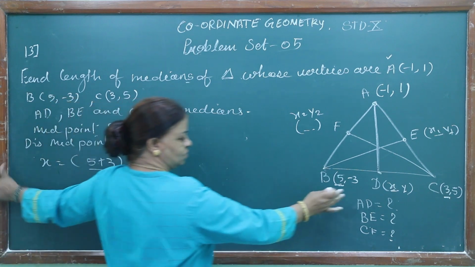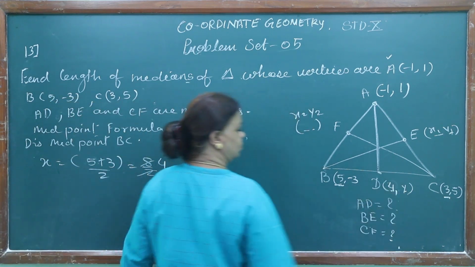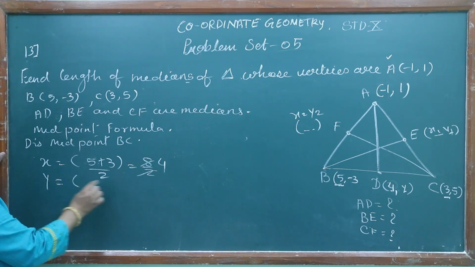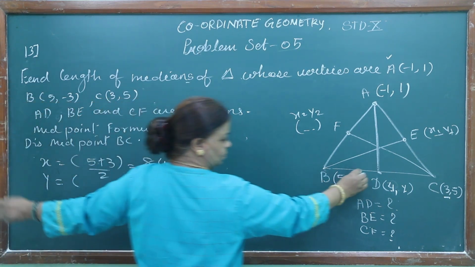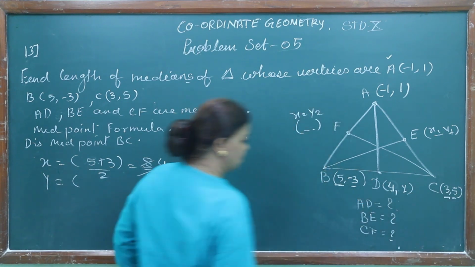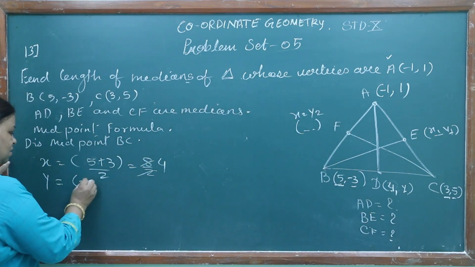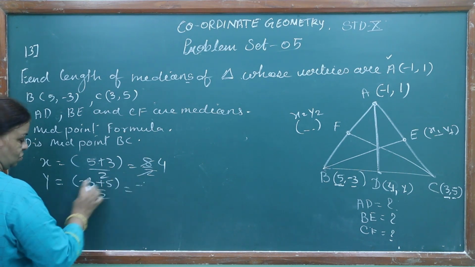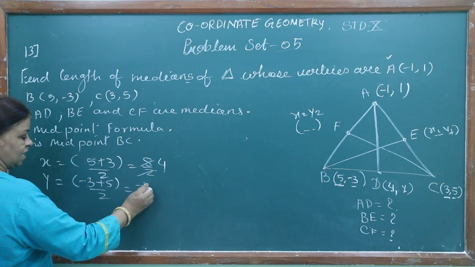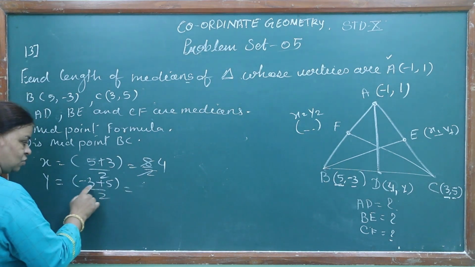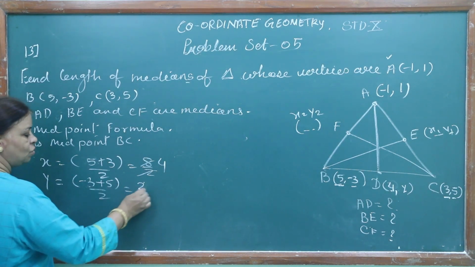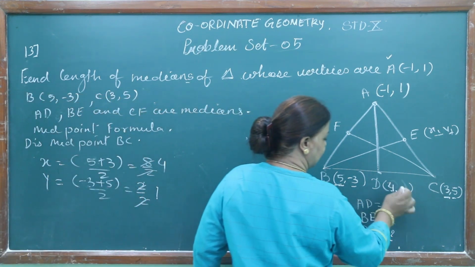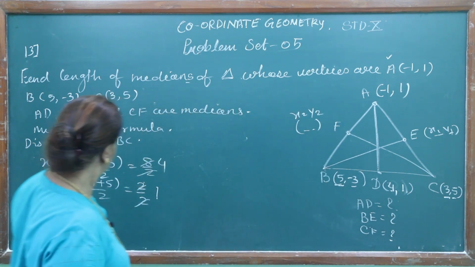So we got x as 4. Now for y coordinate, again this coordinate plus this, minus 3 plus 5 upon 2, which is equal to minus 3 plus 5 is 2. 1 is minus, 1 is plus, so subtraction. 5 minus 3 will be 2 upon 2, which will be 1. So we got here D coordinate as 4, 1.